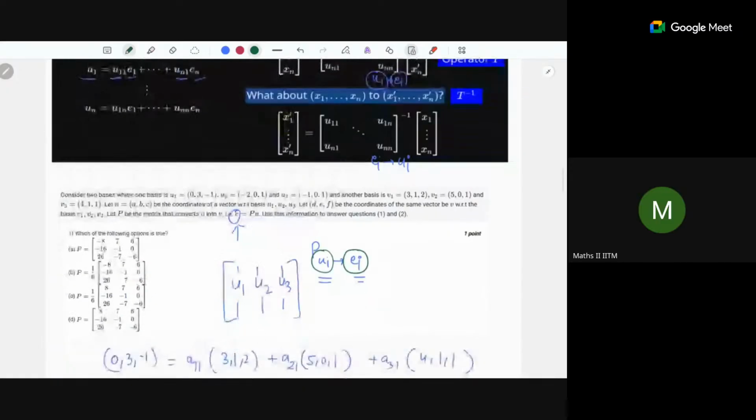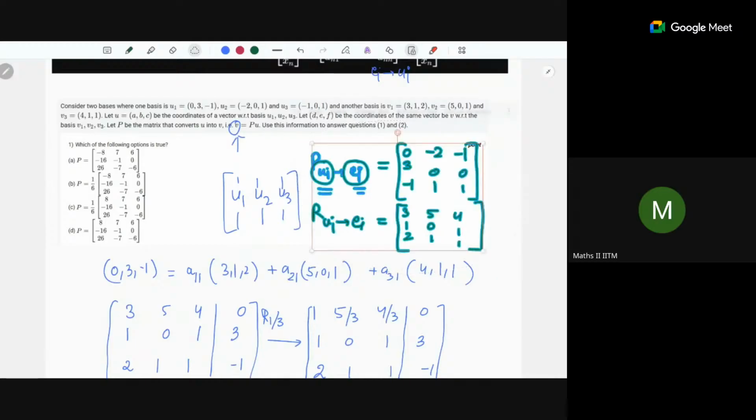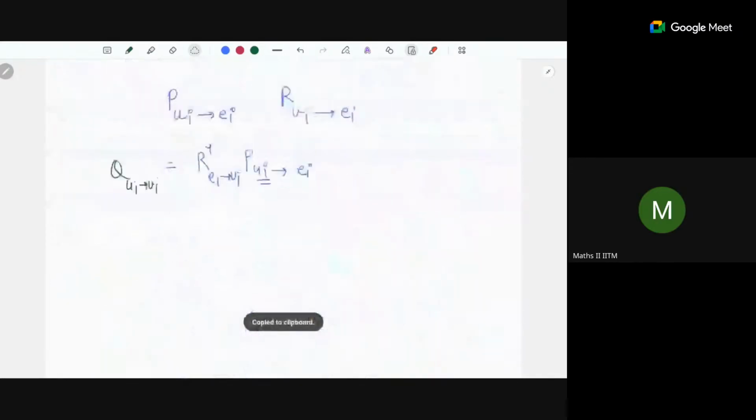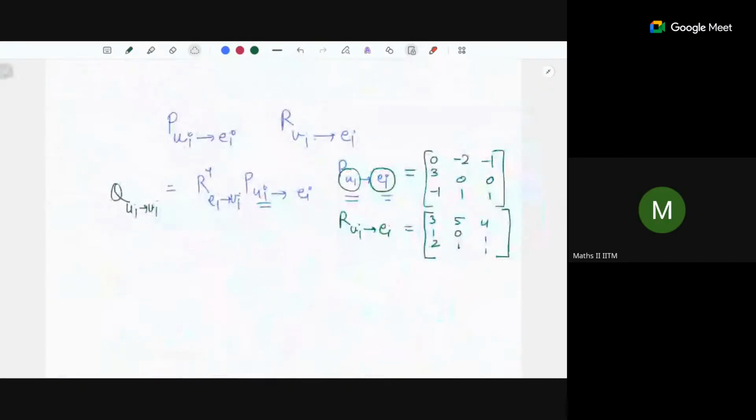So what is the first matrix? This will be your 0 3 minus 1, minus 2 0 1, minus 1 0 1, and R is Vi to Ei, which will be 3 1 2, 5 0 1, 4 1.